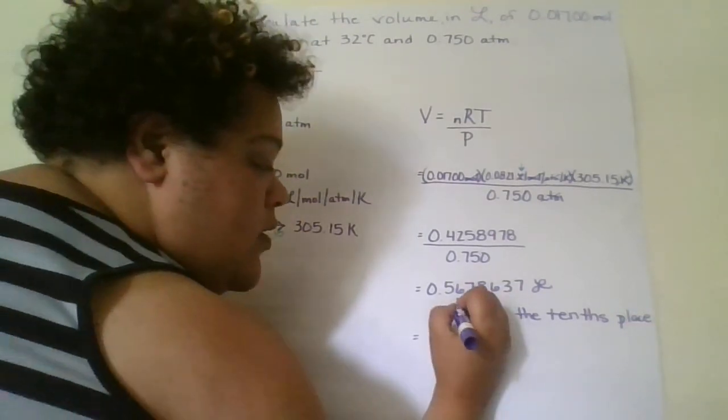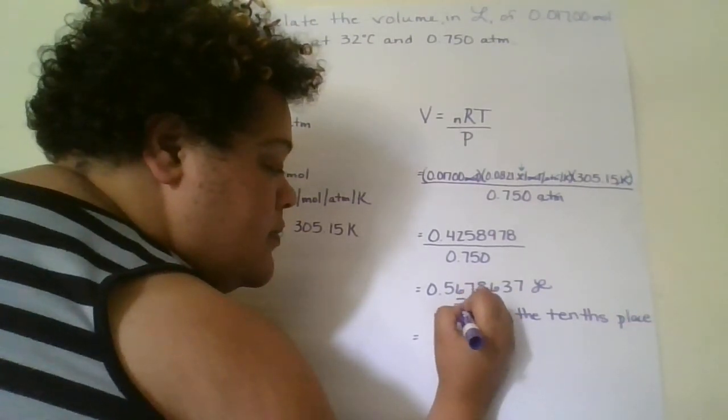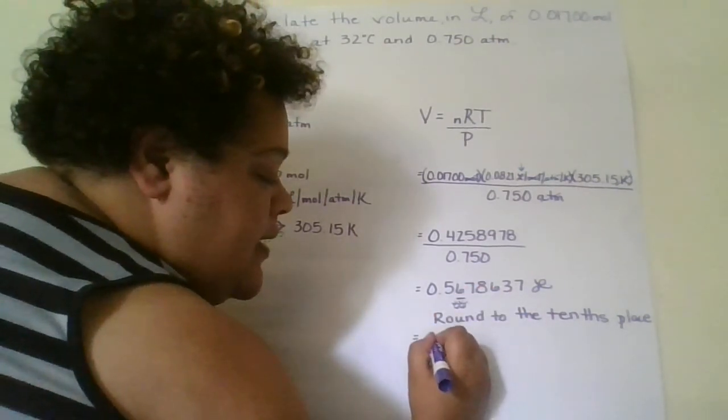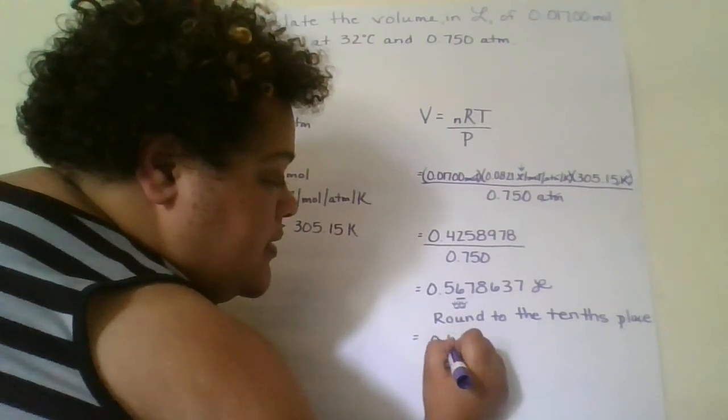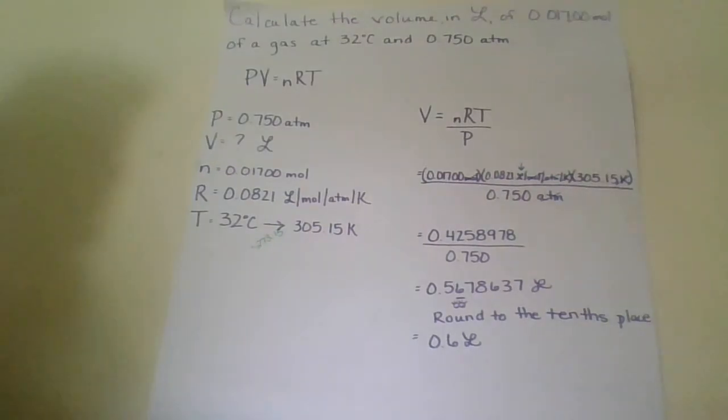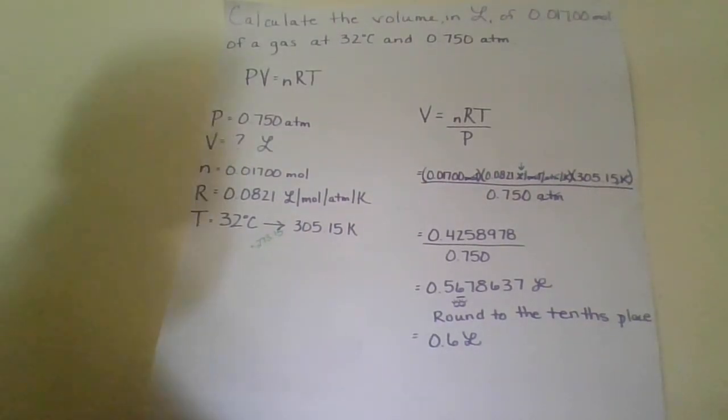Okay, so remember we're going to look at the hundredths place and we will be left with 0.6 liters. And that is the combined or ideal gas law.